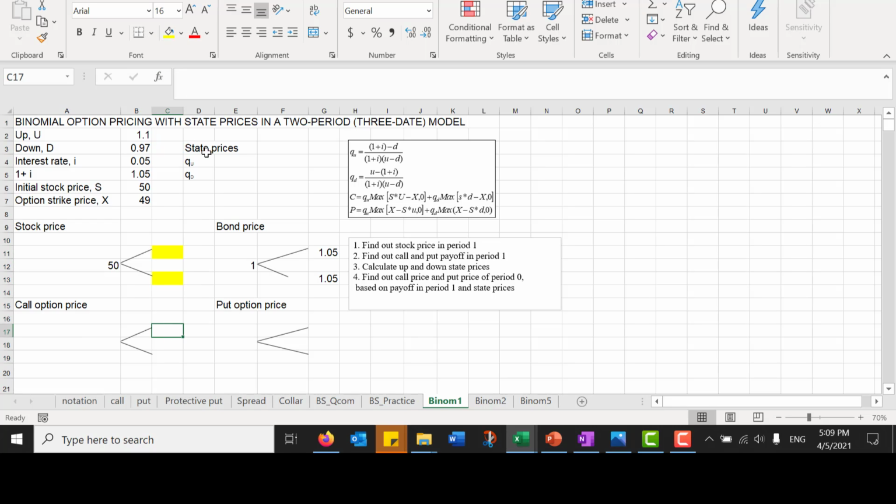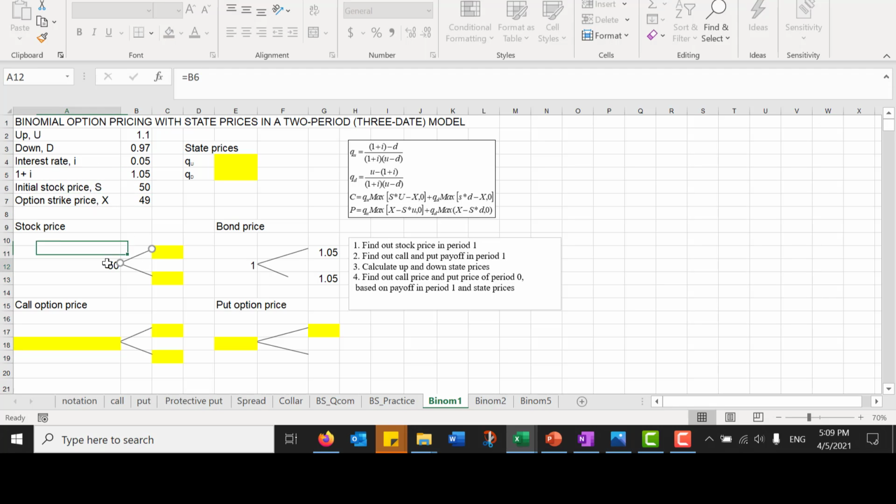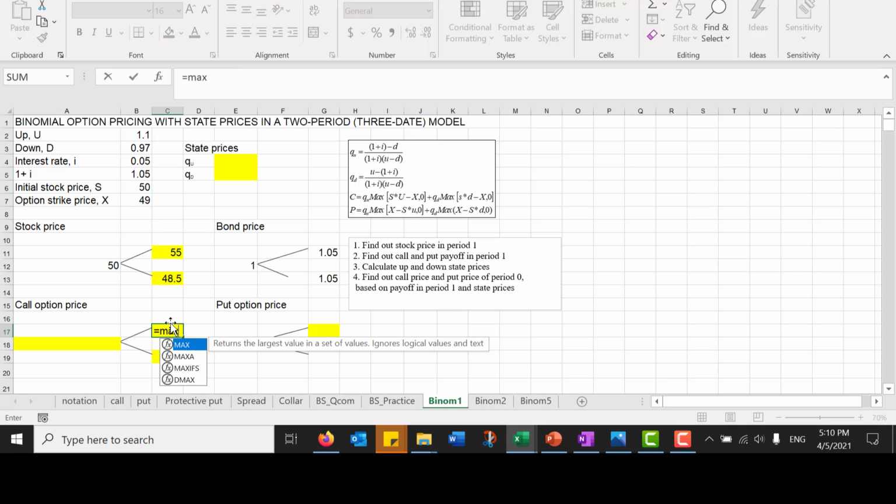So D1 on top, we have log of stock over strike, plus risk-free plus standard deviation squared over 2, the whole thing times the maturity. Now I need to put parentheses outside the log and this second term. Then divide by standard deviation times square root of t.